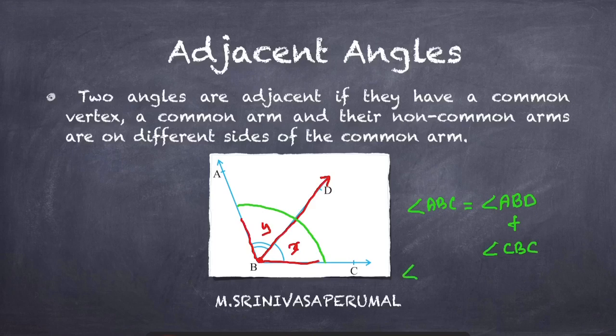Simply, angle ABC is equal to X plus Y. So this is called adjacent angles. The total angle is equal to the sum of the remaining two angles.